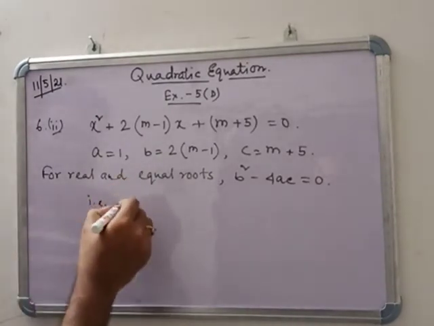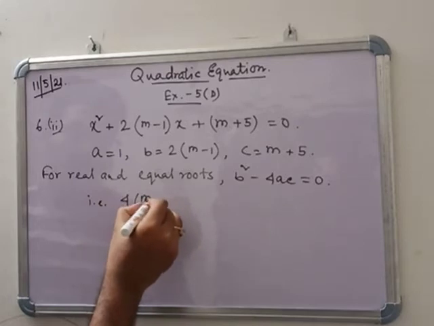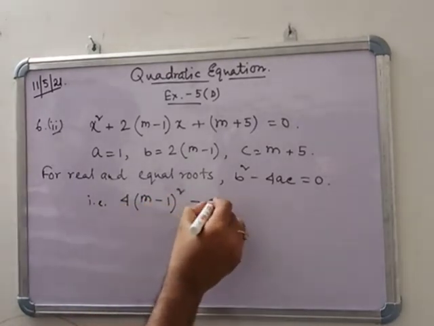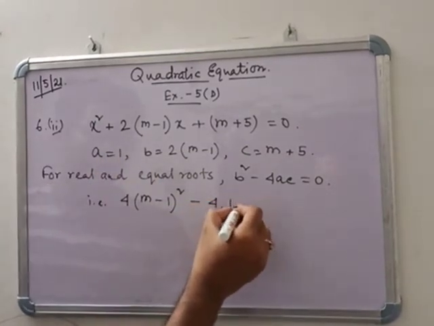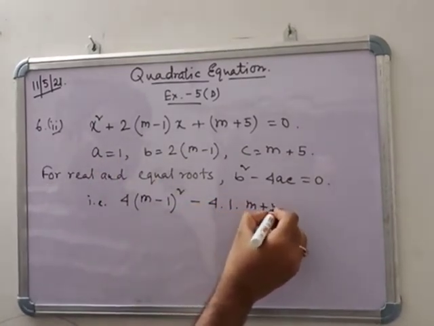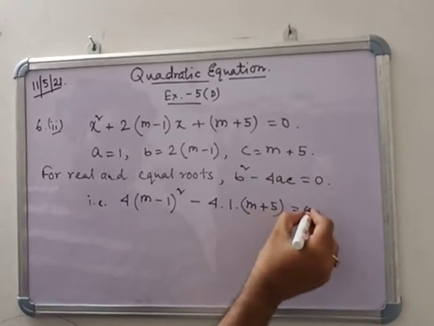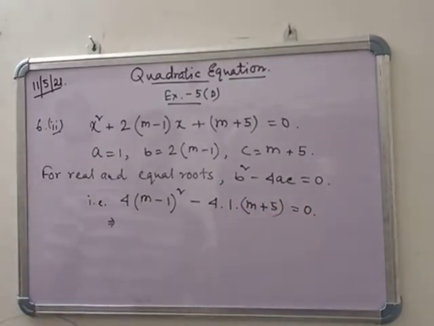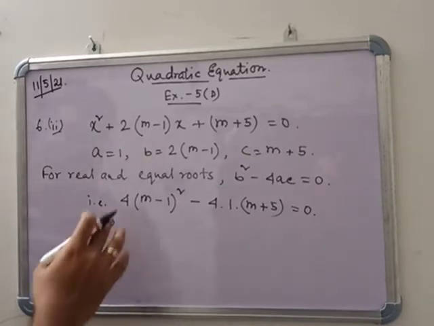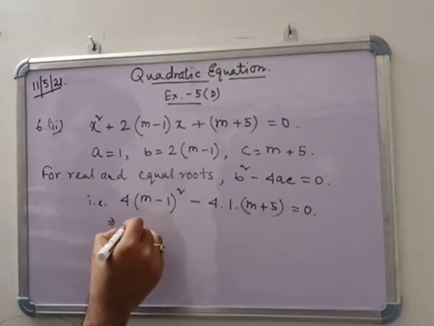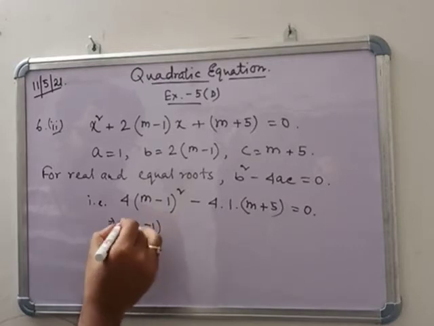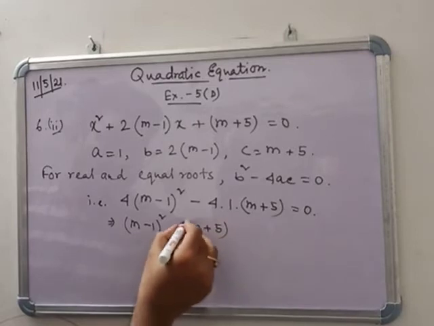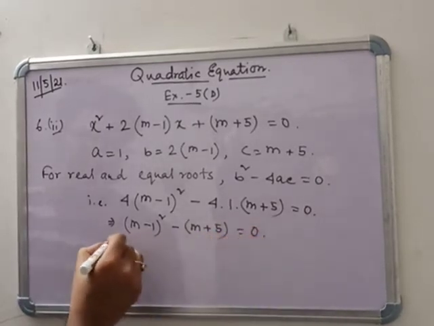So 2 square, that means 4, m minus 1 whole square minus 4 into 1 into m plus 5 equals to 0. Now if we take common 4 and divide in the right hand side, the 4 is vanished. So I am writing here m minus 1 whole square minus m plus 5 equals to 0.